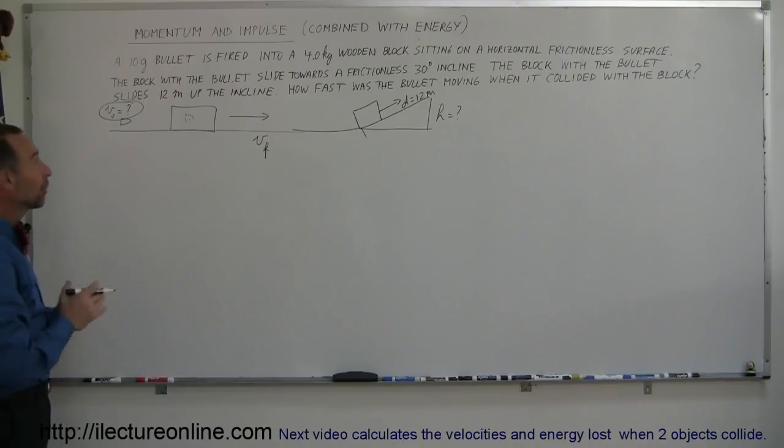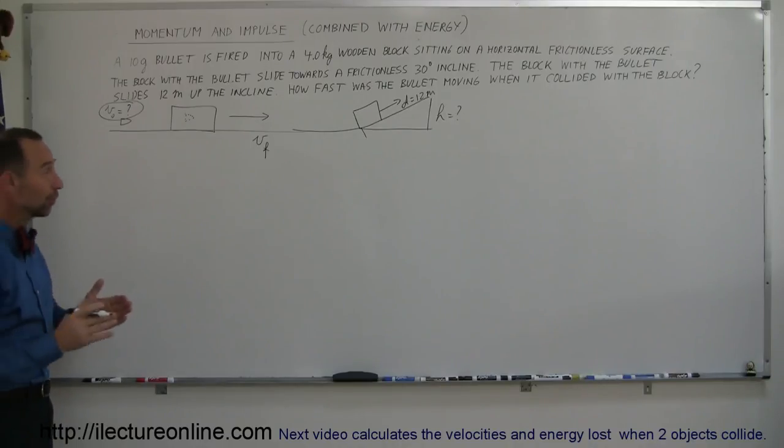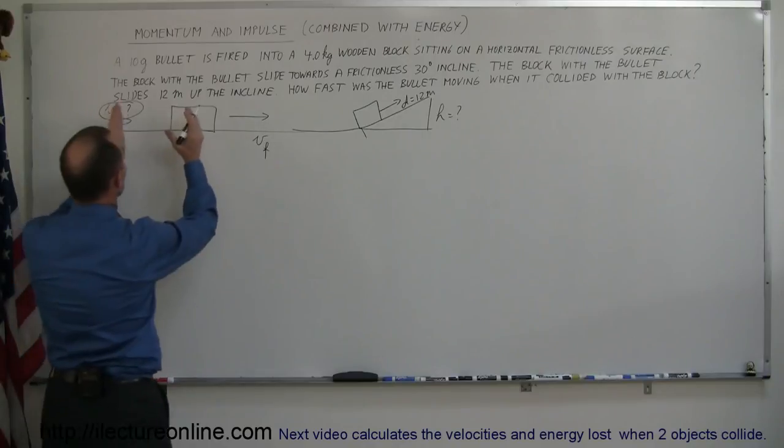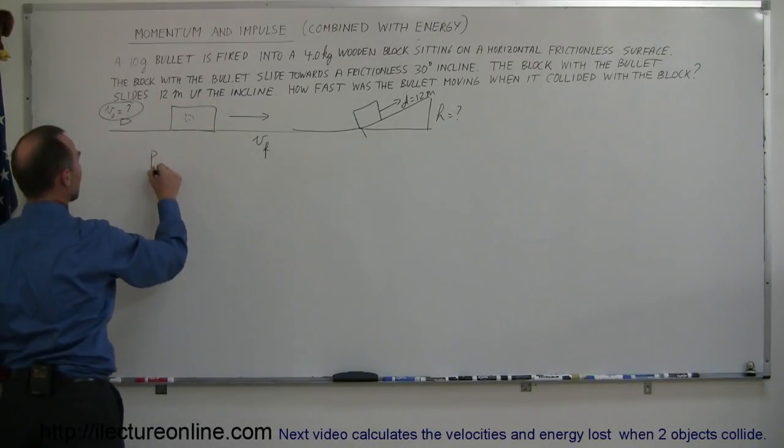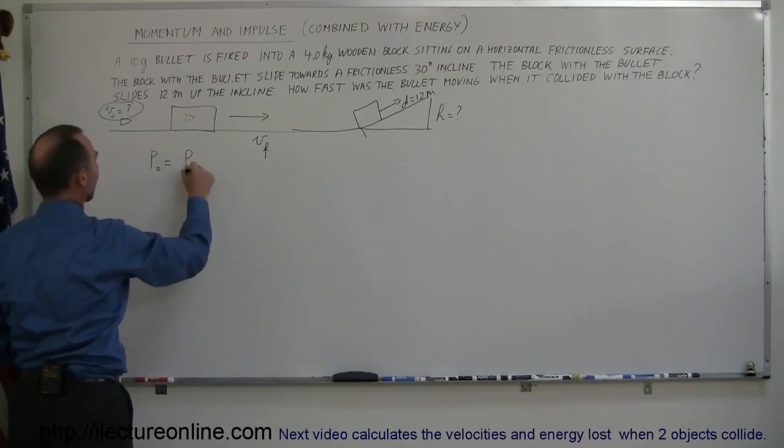Well, this is a chapter on momentum, and we know that momentum is always conserved in any collision. So when the bullet and the block collide, momentum is conserved. So momentum initial equals momentum final.